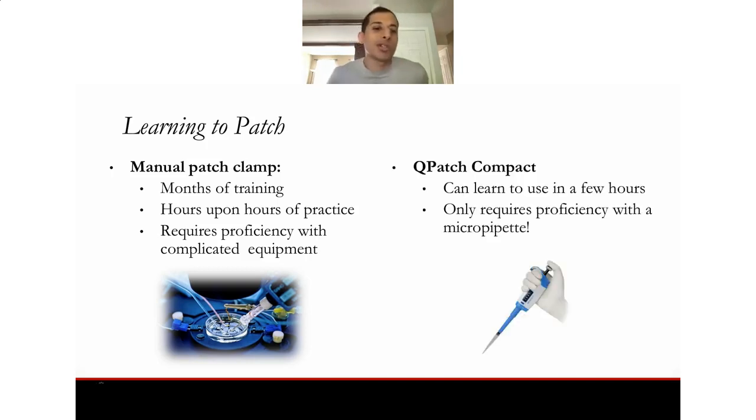But with QPatch, when we were doing it, the only technical skill in terms of experimentation that we had to know was using a micropipette. Once we were able to micropipette the solutions in, all of the other things from a learning standpoint were not very present. Because of that, we were able to jump in and get data really quickly.